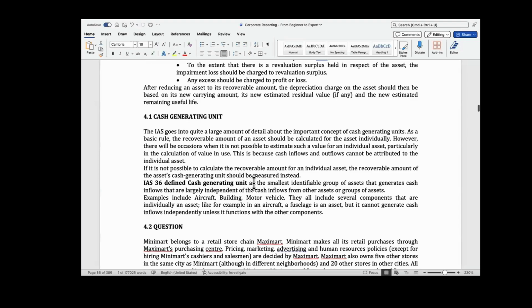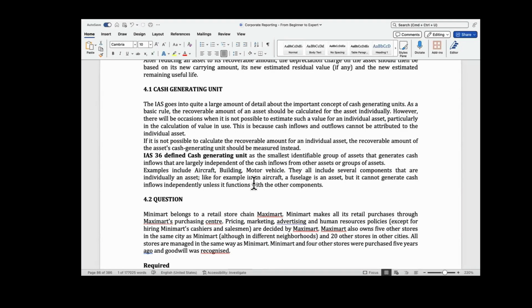Now, again, don't forget, what brought us to the cash generating unit is the fact that for some individual assets, you might not be able to determine their value in use. So a cash generating unit would help. But even at that, the challenge still is that when you check your books, you will not see an asset called cash generating unit.